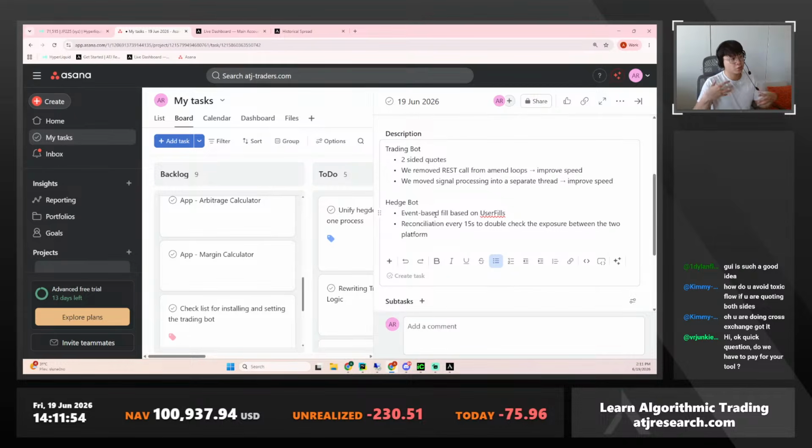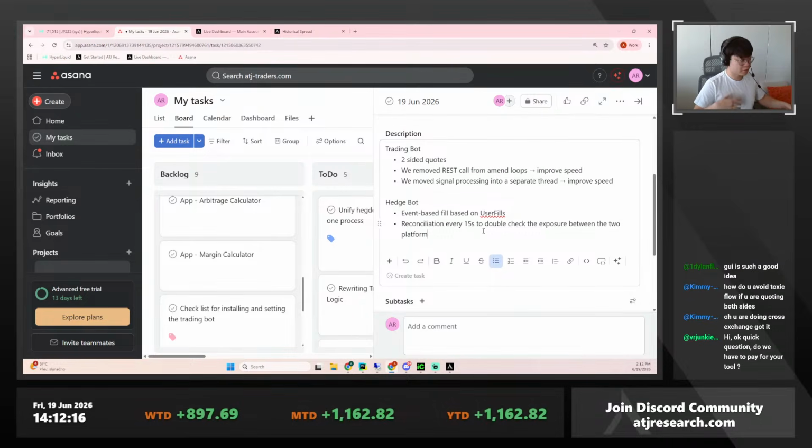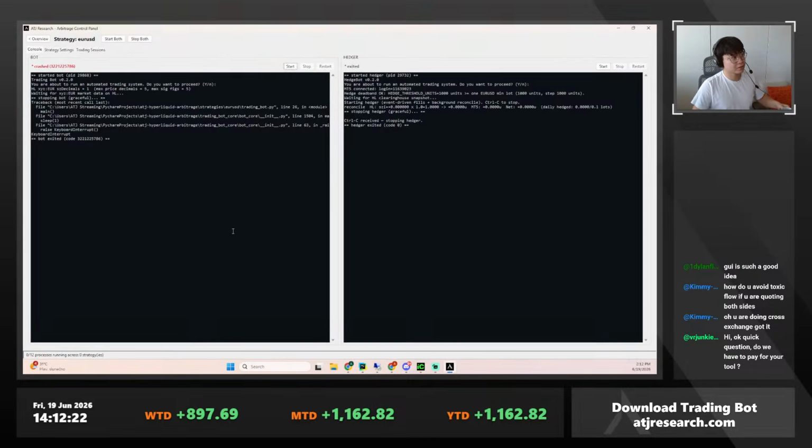So we have a new version of Hedgebot where the execution speed is much faster, and it also implements a reconciliation check every 15 seconds to measure the exposure between the two exchanges. We have significantly improved the speed and the fill quality, so we can more effectively trade our arbitrage strategies. These are the two major changes, and they're all also included in this control panel here.